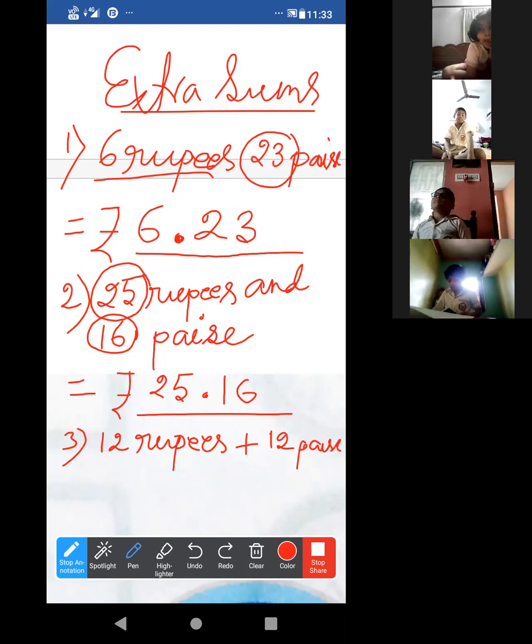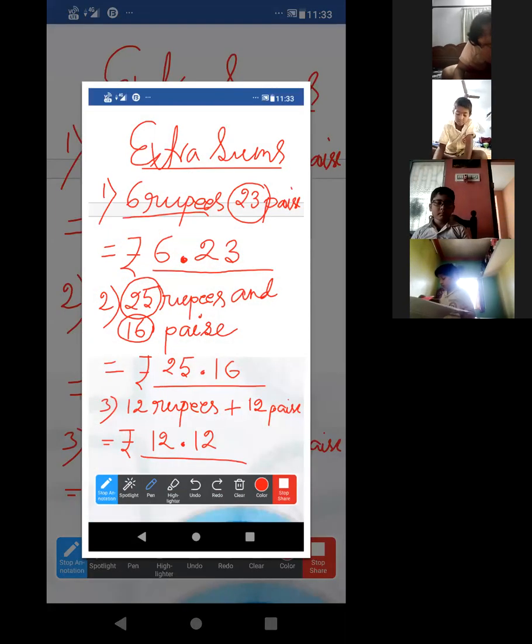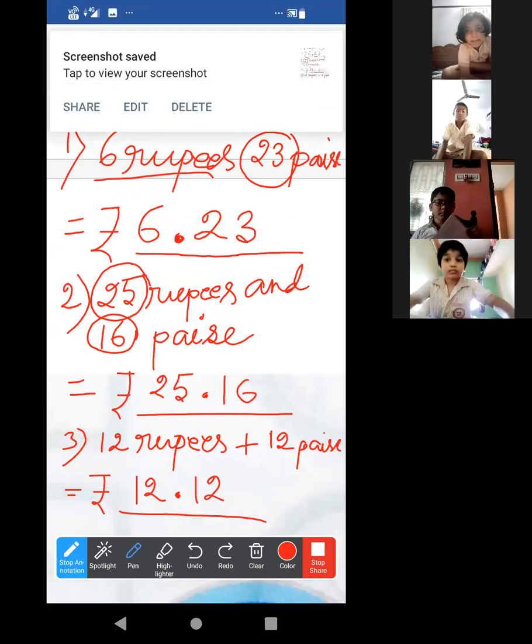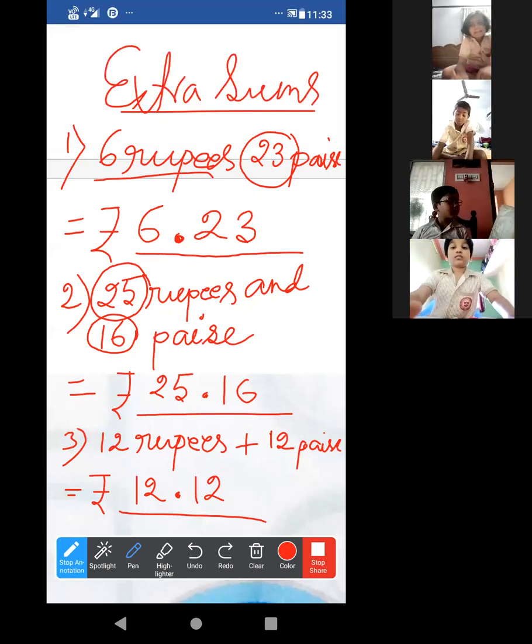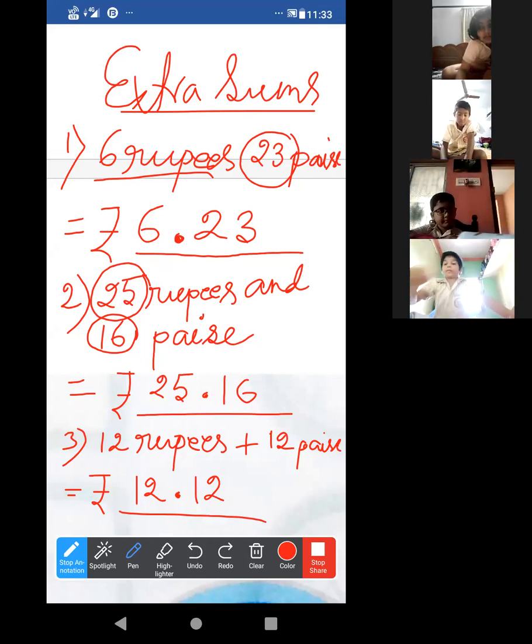Okay, now look at this. Ishan, what to do? If we are giving plus here in place of and, it is the same thing. Understood? Complete this one first. Solanki completed. Okay, I'm waiting. Don't worry.